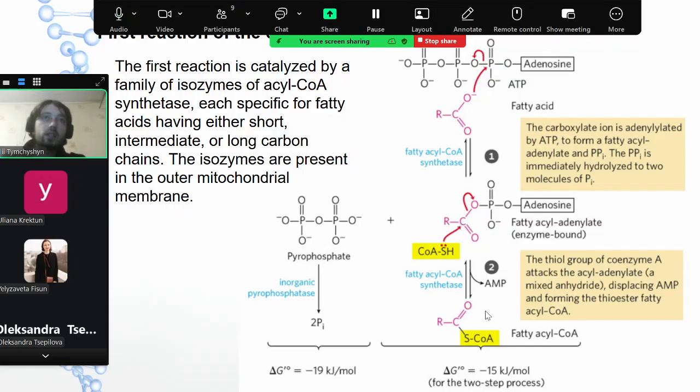You might guess, once again, a nucleophilic attack, because we have electronegative oxygens near this carbon atom, which has a slight positive charge, so it can be attacked. The sulfhydryl group of coenzyme A attacks the acyl adenylate and displaces AMP, forming the thioester fatty acyl-CoA. So that's the result.